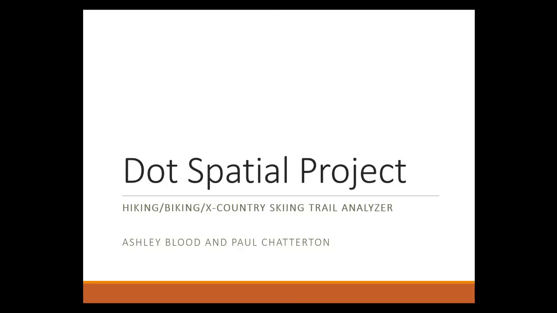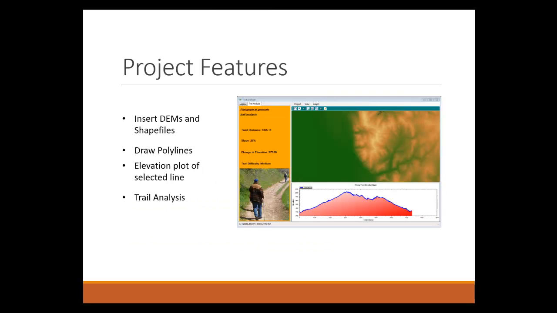We chose to do the option for hiking, biking, cross-country skiing trail analyzer. And our project features contain a few things. One is the user can insert DEMs and shapefiles. They can draw polylines.